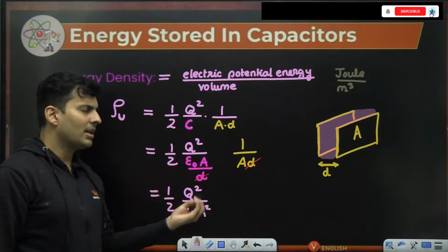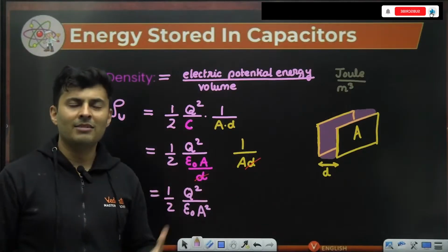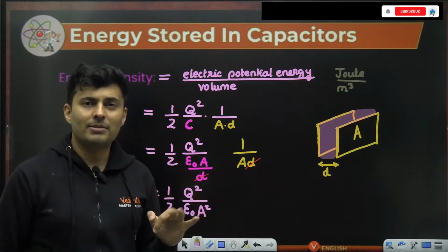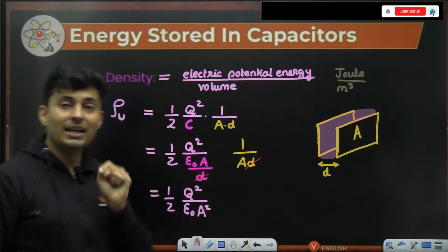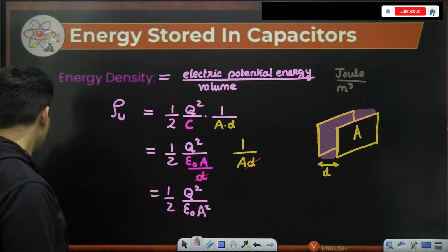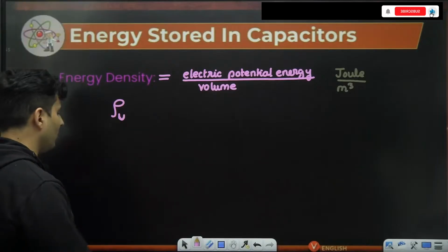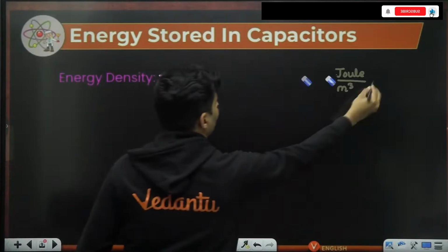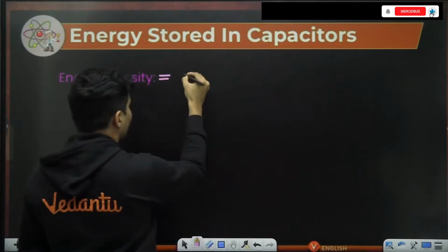This is ringing a bell in my head. I remember something like Q by A epsilon naught somewhere. If you recollect, that was the electric field formula. So in the next step, I will just write it as half.